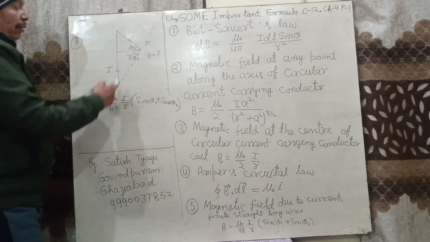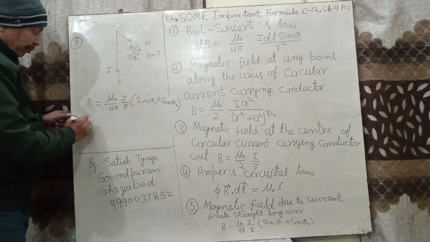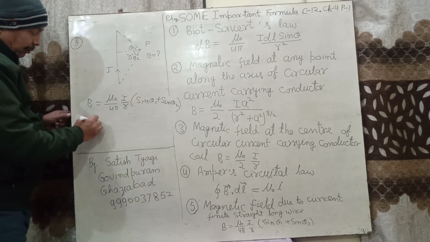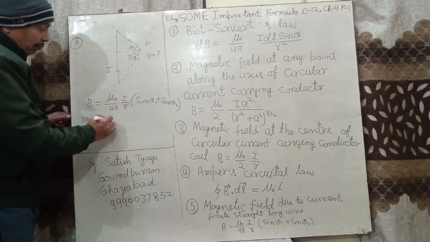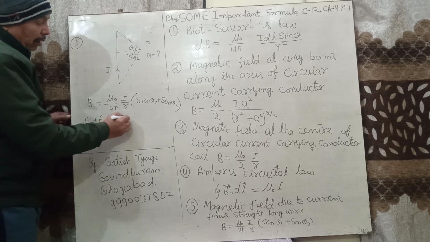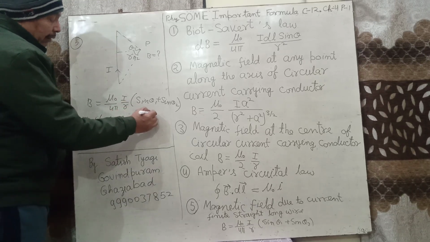First condition: if theta 2 equal to 0 and theta 1 equal to 90.